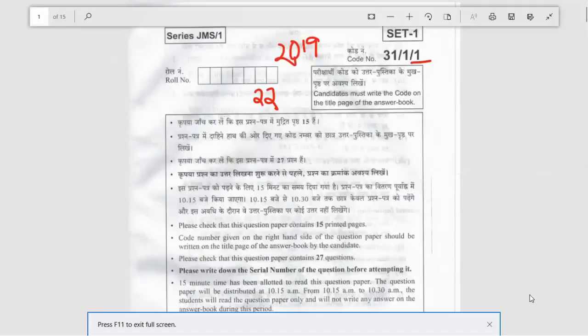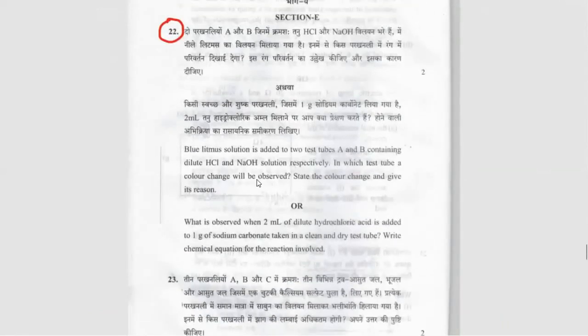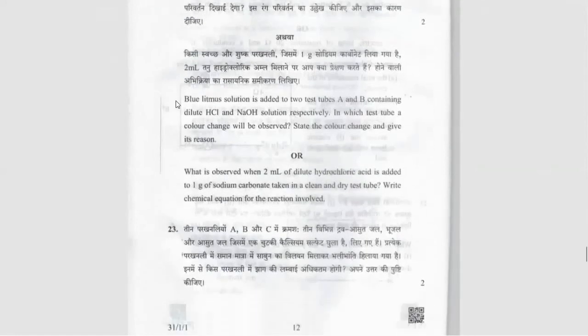2019, the 22nd question we will see. You see this 22nd question. This we have already discussed in our previous lecture. Let us see this second question.